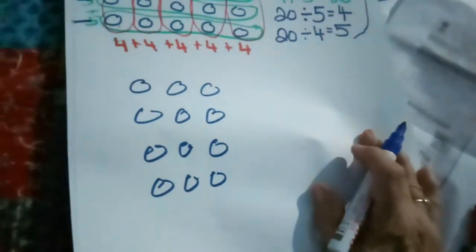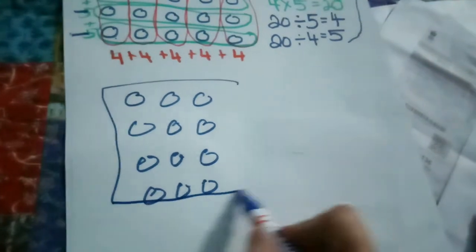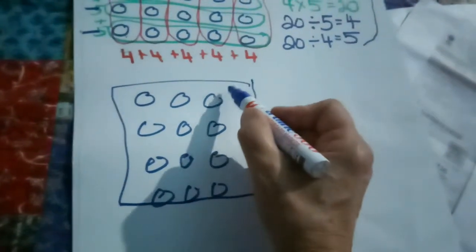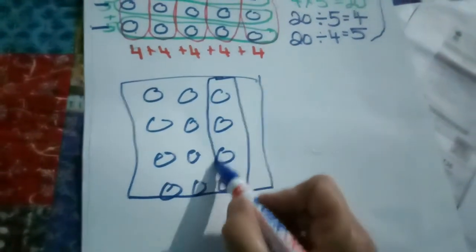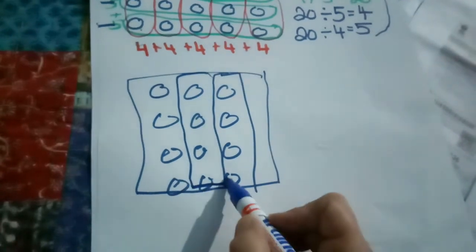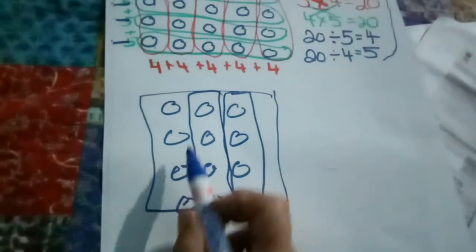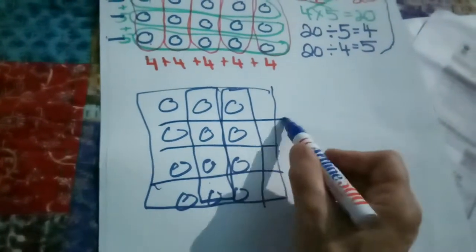What division means is that we are taking that big group and making it into smaller groups. That's division. We make them into smaller groups. Groups of 4. Or we could make it into groups of 3.